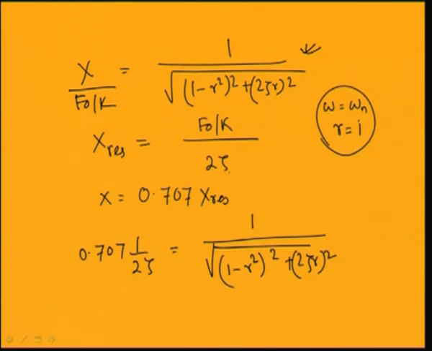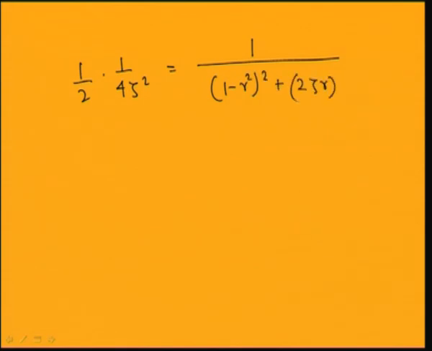So, this is half and this is 1 by 4 zeta square, and this side it becomes 1 by (1 minus r square) whole square plus (2 zeta r) whole square. So, I can write this as 1 by 2 into 1 by 4 zeta square equal to 1 by (1 minus r square) whole square plus (2 zeta r) whole square, or this becomes 1 by 8 zeta square equal to 1 by, so I can expand this.